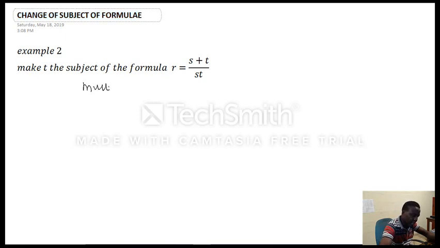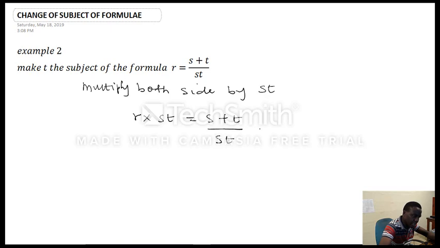So we say multiply both sides by ST, so as to clear the fraction, so that on the left hand side we have R times ST is equal to the right hand side S plus T over ST times ST over 1.